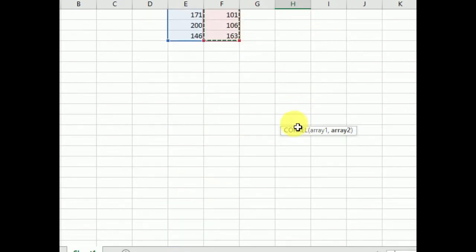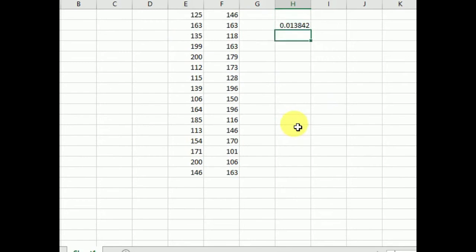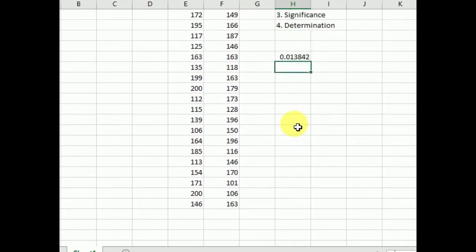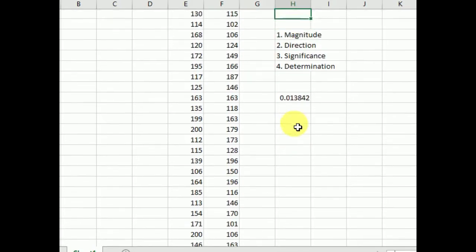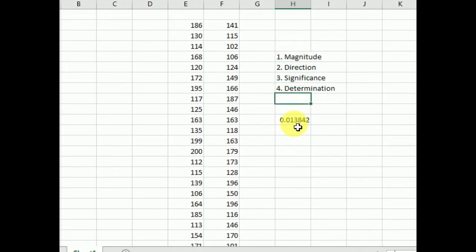But okay, so we have here a very small number, 0.01, due to the fact that I just gave random numbers. So this is the correlation coefficient, and you call it R, right?